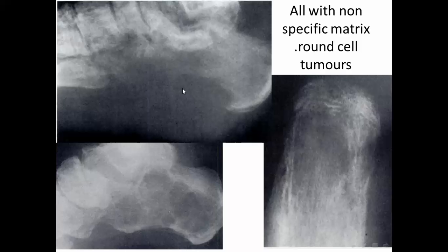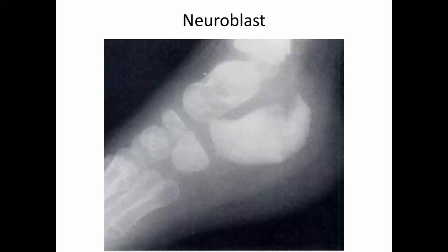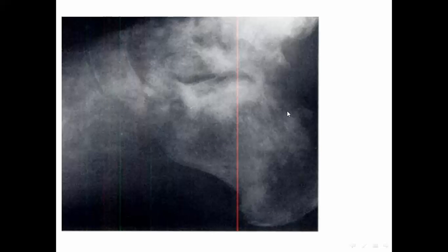These are some examples of the round cell tumors which can involve here. Neuroblastoma in the baby can result in such sclerosis, but there is some destruction, of course. And this one is prostatic carcinoma, producing multiple sclerotic foci.